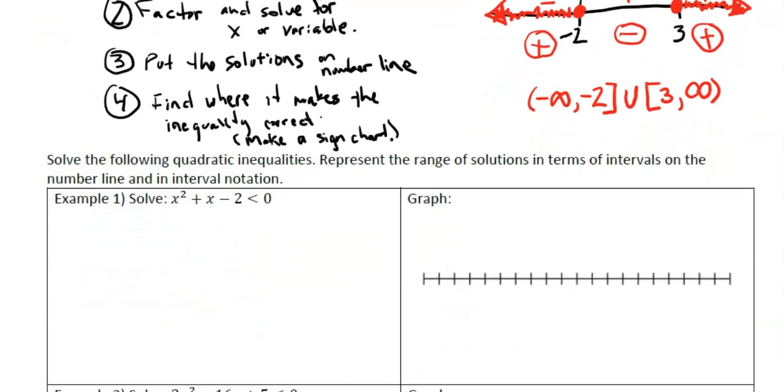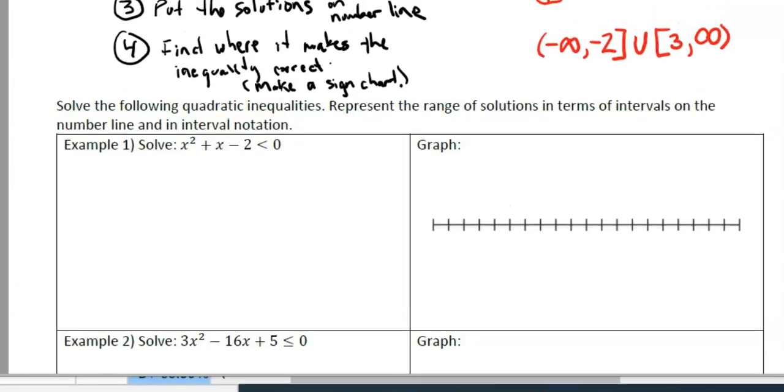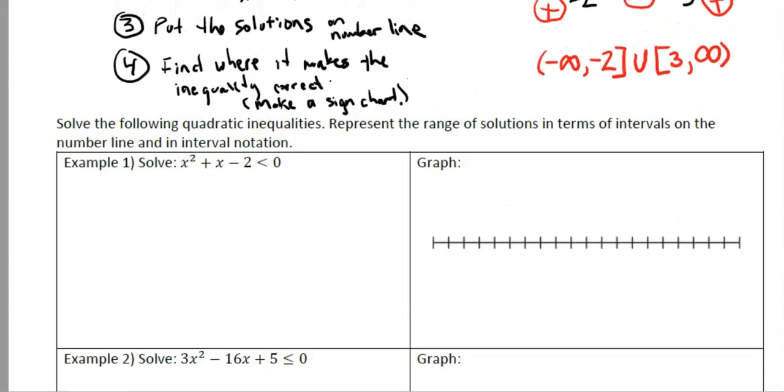Let's look at some other examples here. Example 1, we've got x squared plus x minus 2. So it's already equal or greater than 0. One side's 0 on the right, so we don't need to do that. And then we want to factor.